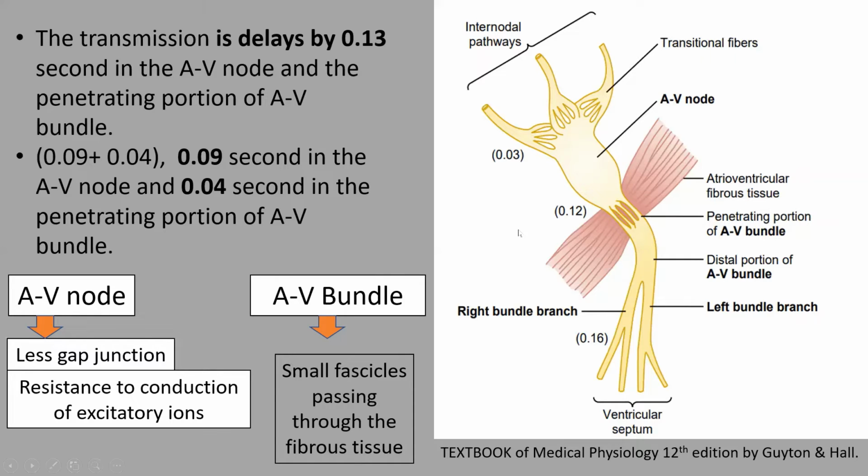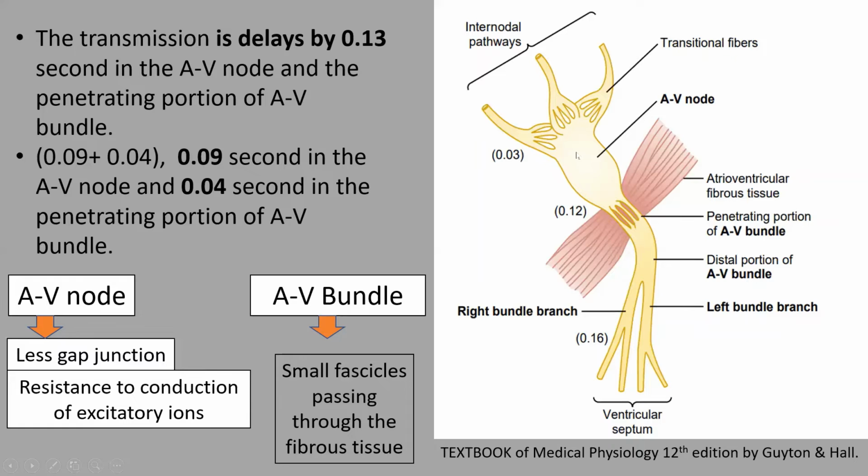So this AV bundle, why does it delay? Because it has fewer gap junctions, or diminished gap junctions. When there are fewer gap junctions, the transmission of the positive current from one cell to another delays. Because of that, there is resistance to conduction of excitatory ions.